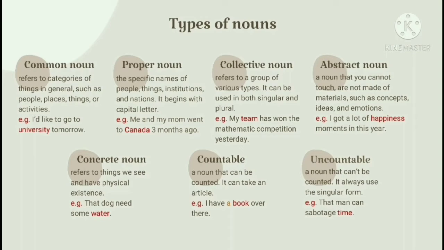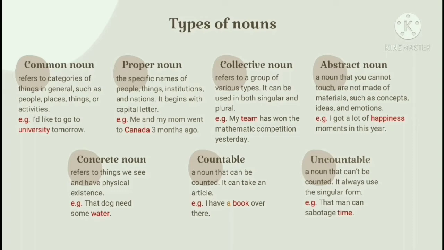I would like to give you an example of this noun. I got a lot of happiness moments in this year. So the word happiness, you cannot see, you cannot touch, but maybe you can feel. So the word happiness here is the abstract noun. Okay, move to the fifth type.